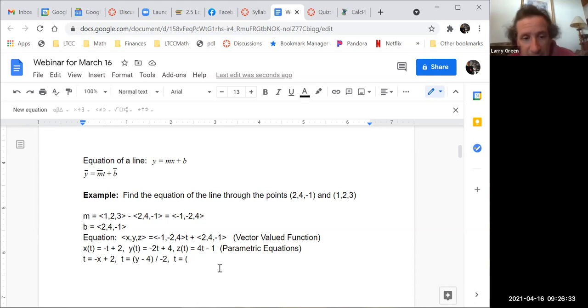Yeah, I get z plus 1 over 4. And just to make the first one look a little better, I can say that now t is negative x plus 2. I forgot to put the over -1 anyway.